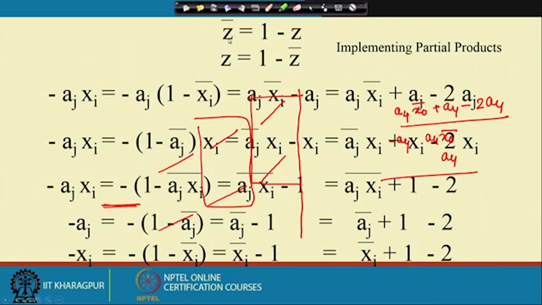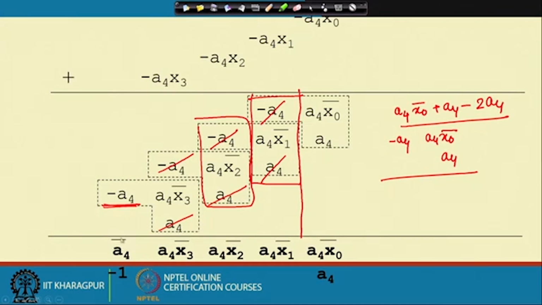That means a4 bar, if I consider this minus of a4, can be represented as minus a4 minus 1.